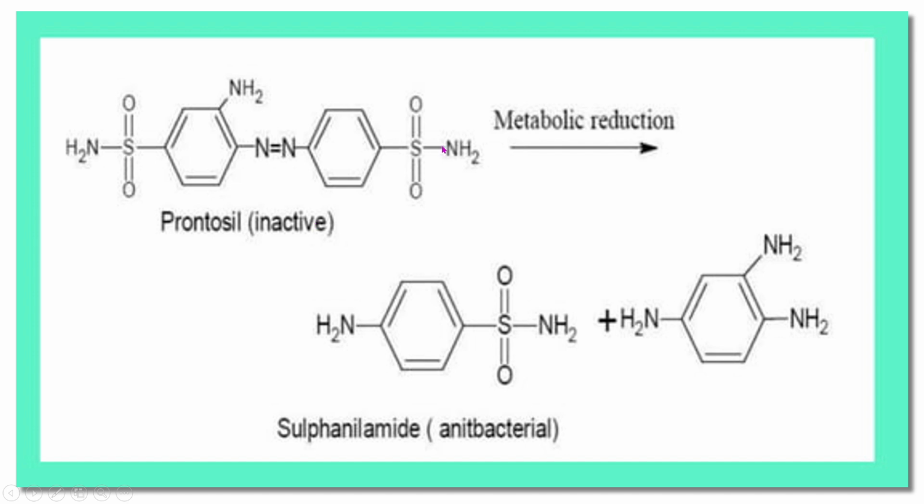Prontosil contains an azo group, a type of nitrogen bond, and we cleave this bond and get the sulfonamide moiety, which has the active antibacterial properties. So this is the basic concept behind the prodrug design.